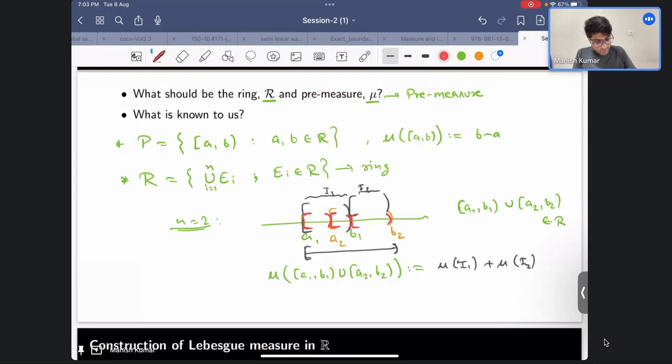In that case, if I write this as J1, J2, J3, then according to this definition, it should also be mu of J1 plus mu of J2 plus mu of J3. So this is the question of well-definedness.